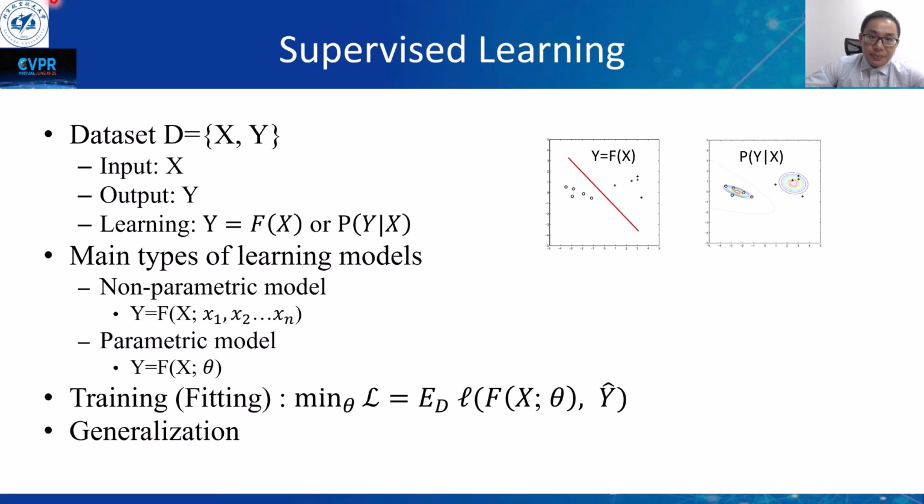For machine learning, it's not just an optimization task or memorizing the training data. We usually expect the model to have generalization ability. That is, for data outside the training set, the model also has good performance.